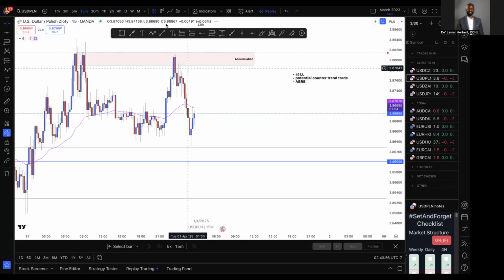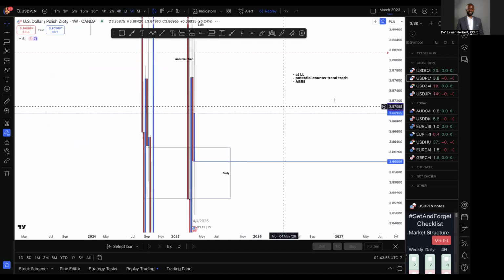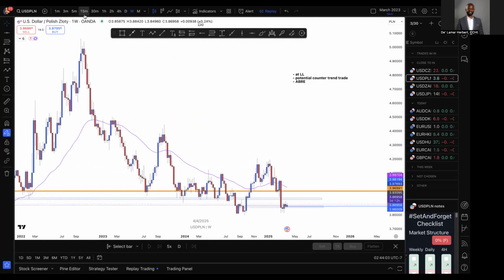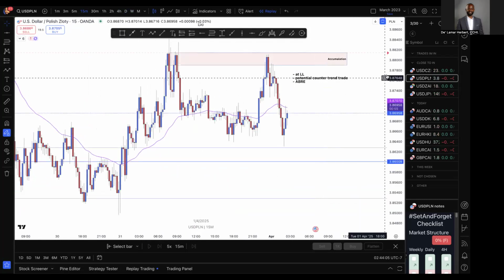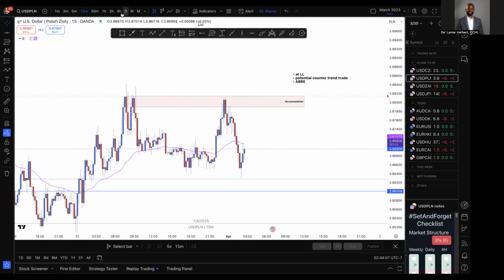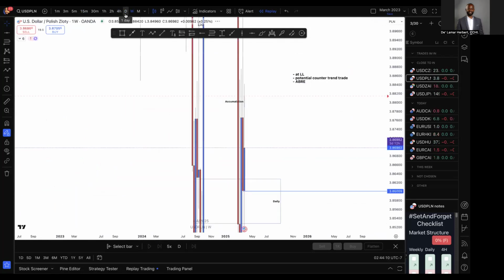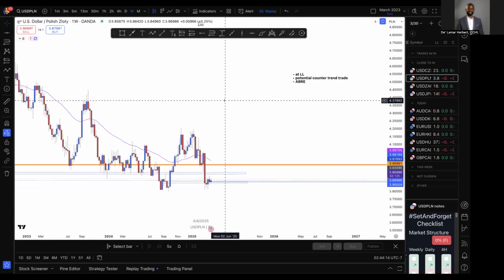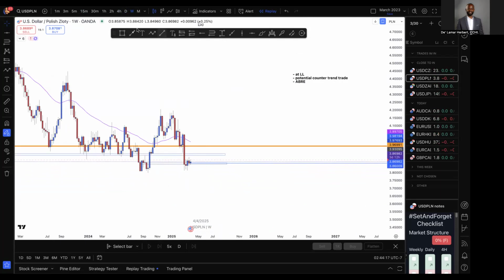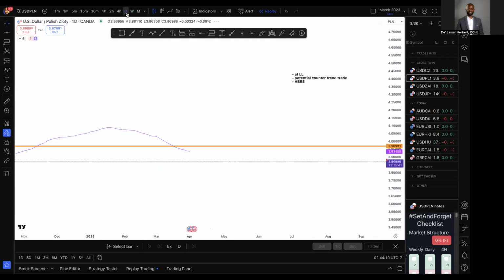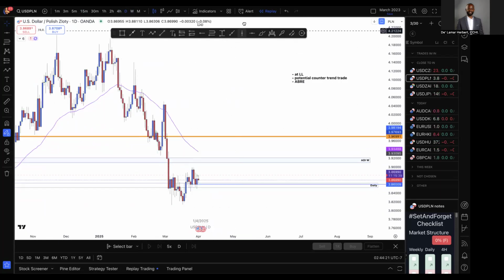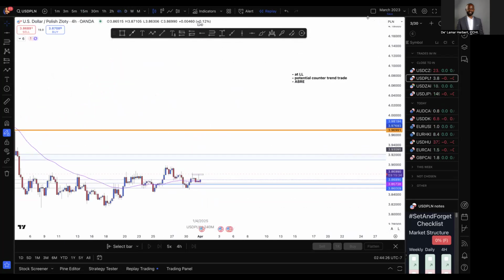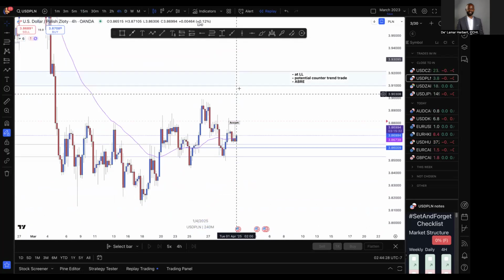Okay, USD PLN. I think this is sort of the same thing, right? Yeah, it's kind of like the same thing as USD ZAR. We're at the bottom, at the lower low, weekly, daily had that shift to structure, pullback, 4-hour had that shift to structure, pullback.